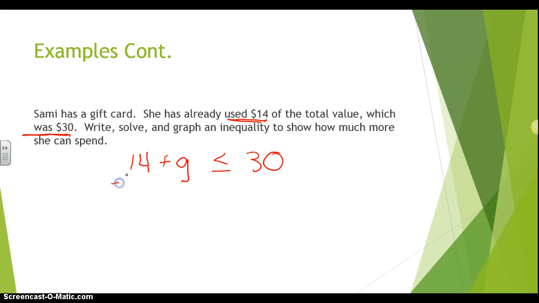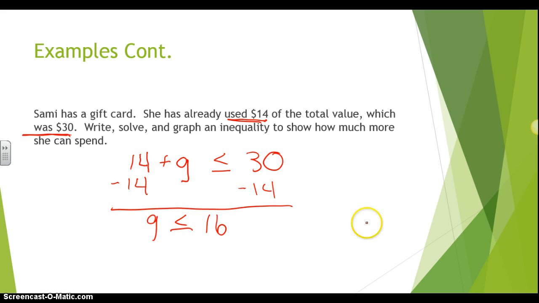So I'm going to subtract 14 from each side. So what I have left here is G is less than or equal to 30 minus 14, which gives me $16. So she has $16 more to spend on the gift card to max out to her value of $30.